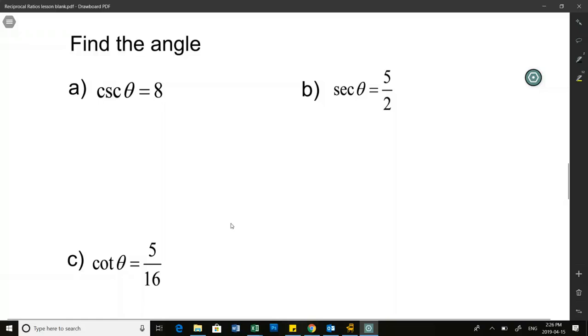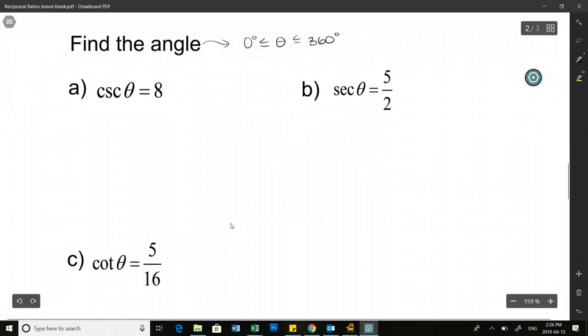So we are going to find possible angles, and I'm going to add that theta is between 0 degrees and 360 degrees. So be mindful that if you're tasked with finding theta, and theta is between 0 and 360, you have to find all possible values of angle theta.